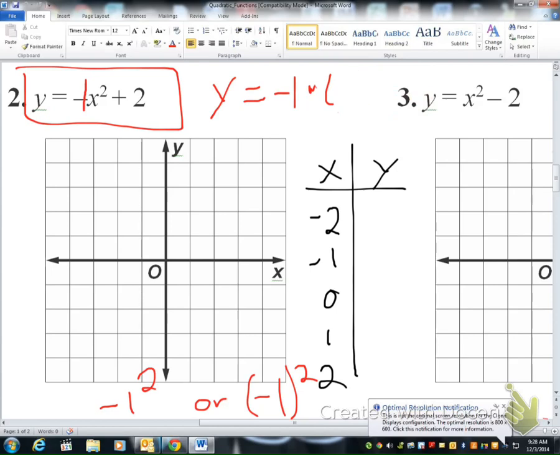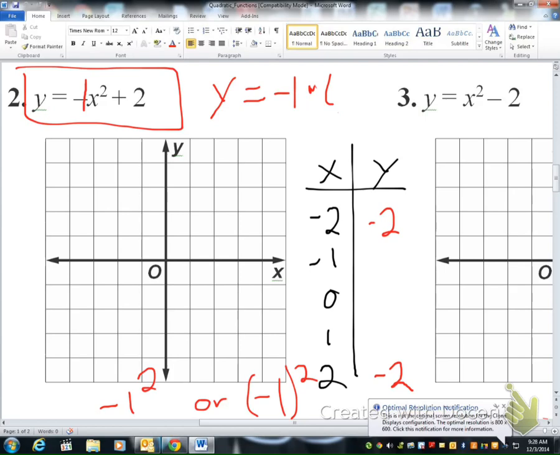I'm just going to do this to save time. Alright, so this is negative 2. That also means that the one down there is going to be negative 2. Because if I plug in the same thing and I do negative 1 times 2 squared, well 2 squared is 4, and that times negative 1 is still negative 4, plus 2 is still negative 2.